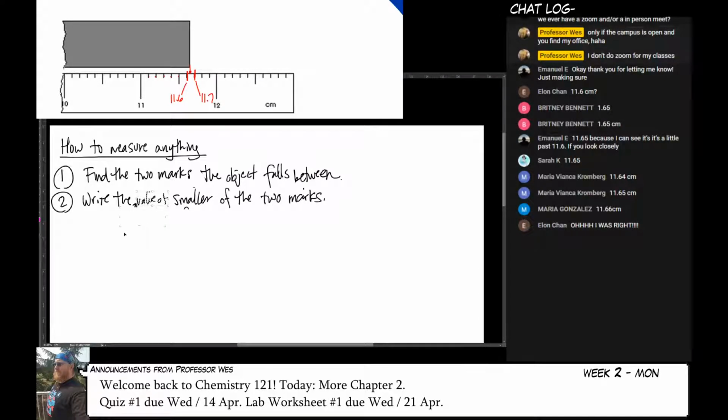It's cheating, but that's okay. Write the value of the smaller of the two marks. There we go. So now we're going to write down the value of the smaller of the two marks. But that isn't the last step, so hold on. The smaller of the two marks is this one, so I'm going to write that down.